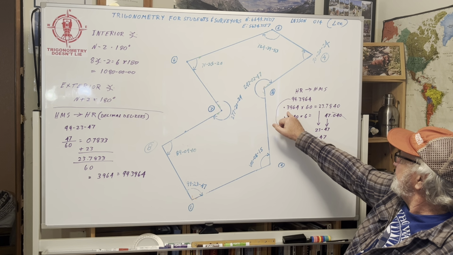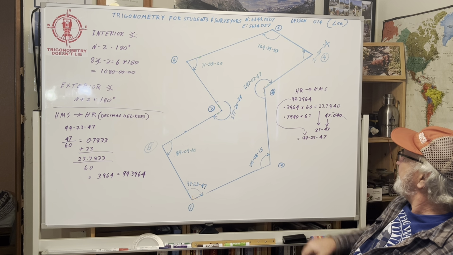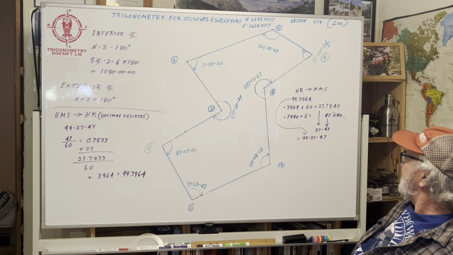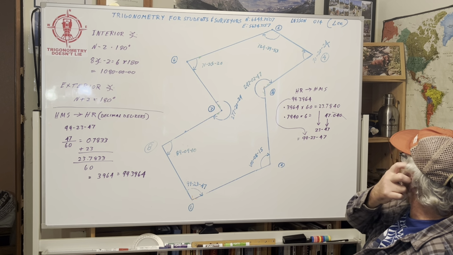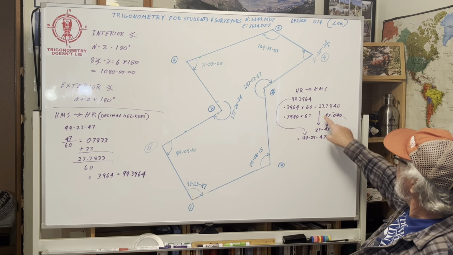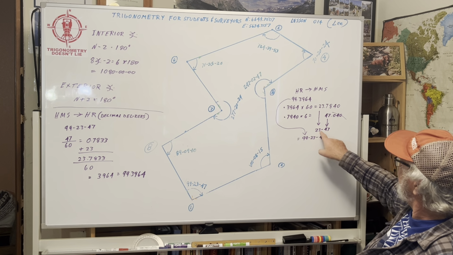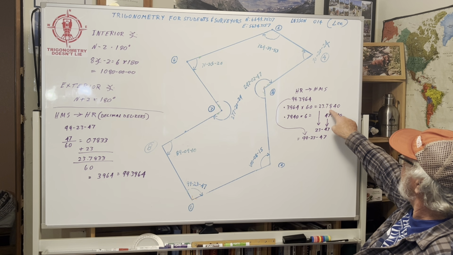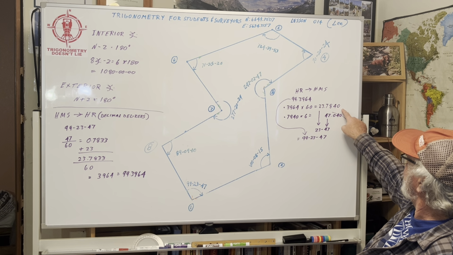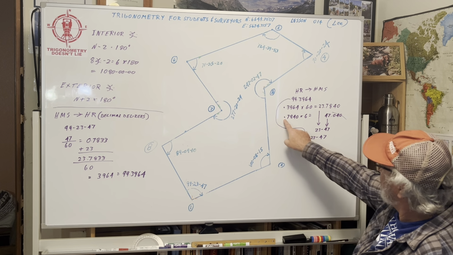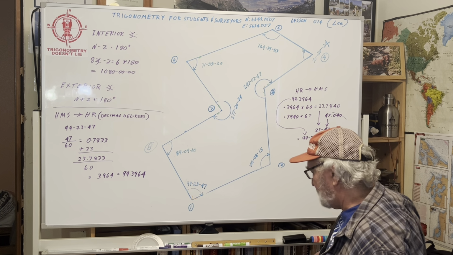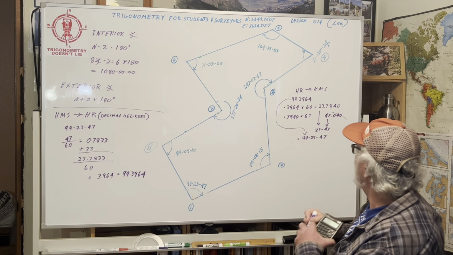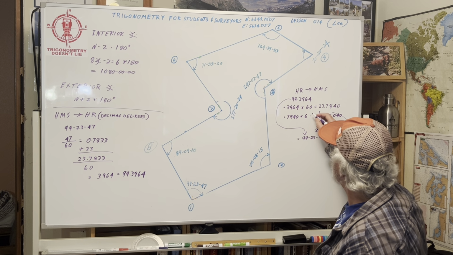This time you use 0.3964 times 60, which is 23.7840. Now you just keep the 23 and bring it down. Now you take the leftover 0.7840 and multiply that times 60.